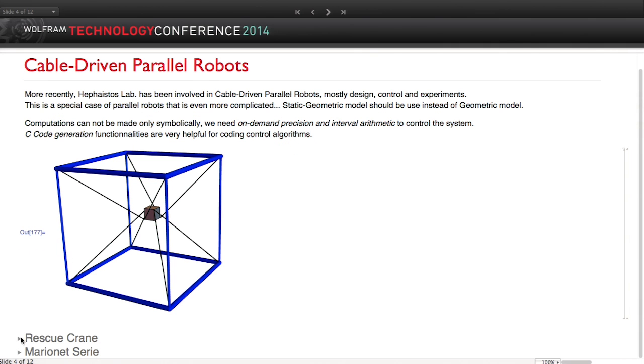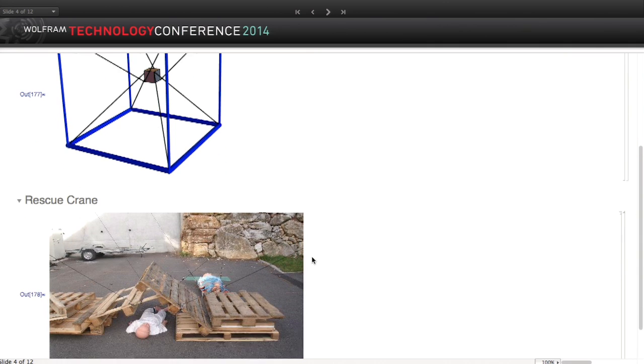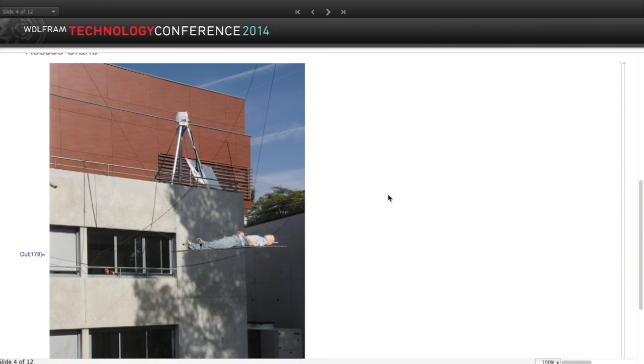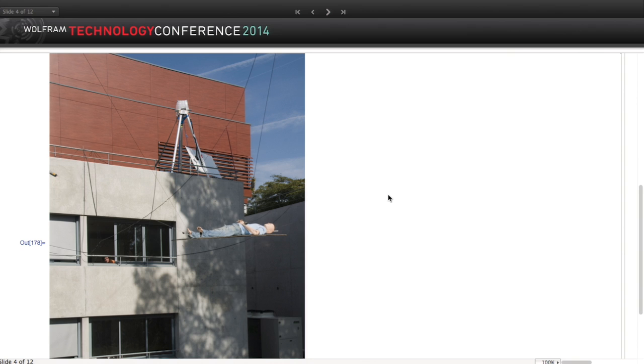Okay, so I will show you a couple of experiments we have done. So we first have a rescue crane. We have 6 devices like this one with one cable, and we put them on the top of the battlements, and the idea was to control this part of the platform to rescue people mainly.